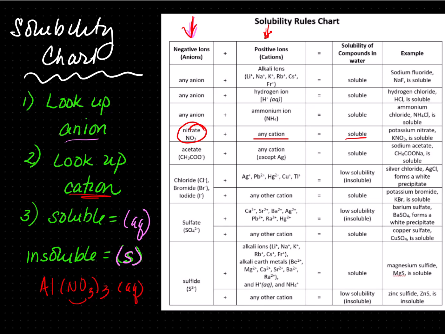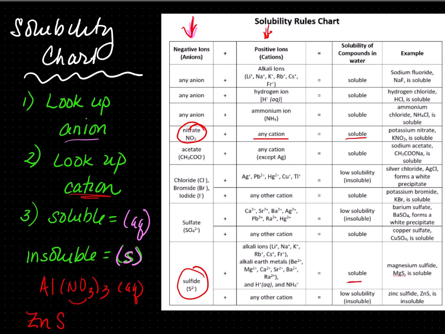Here's another example. If I have zinc sulfide, I look up the anion, which is the sulfide here. Then I go to the next column, which has the cation. If I look at the top row, I don't see zinc at all. Those on the top row are soluble.